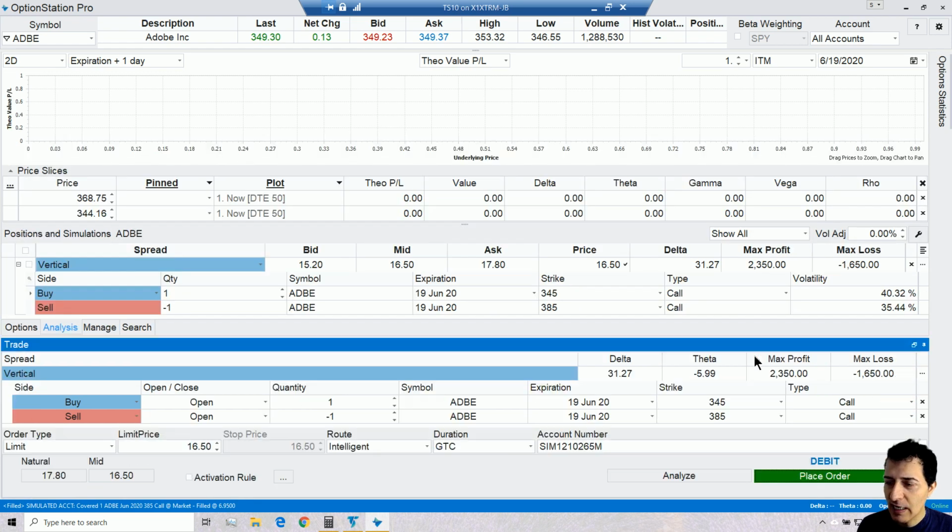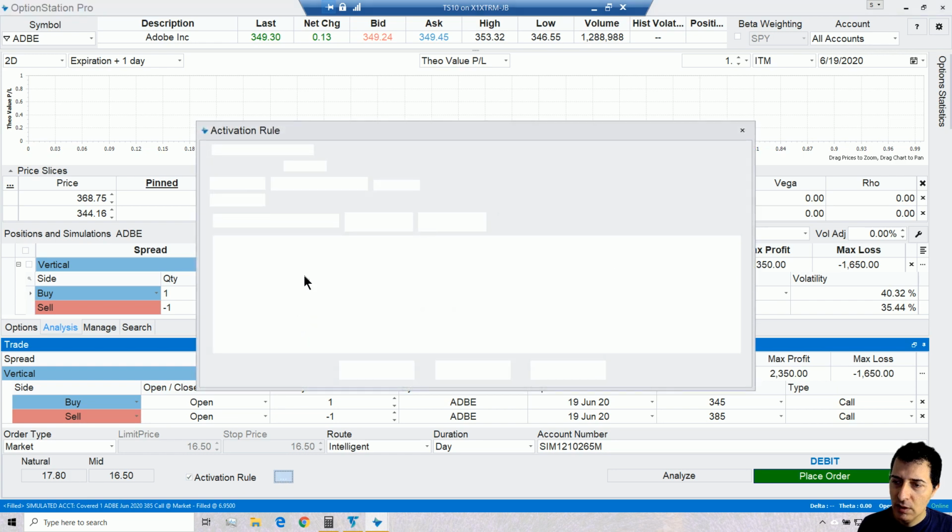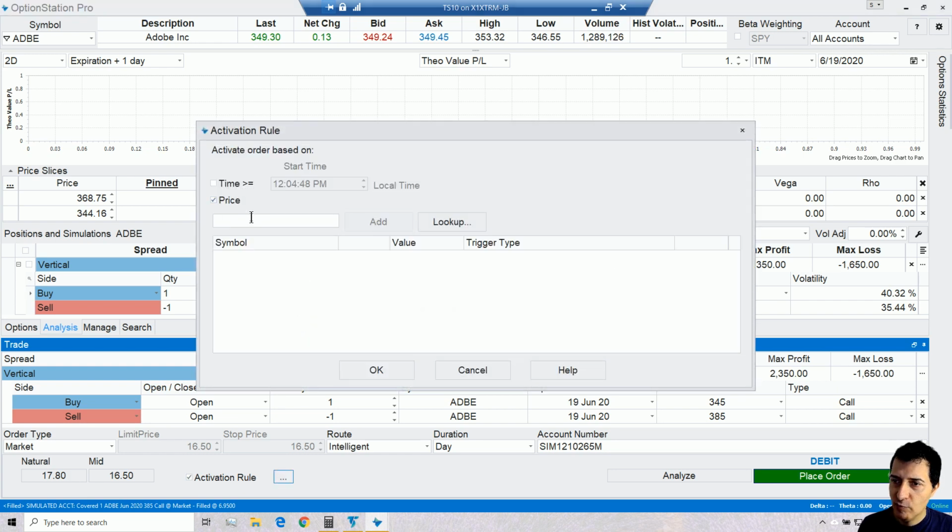So I'm going to click trade. I'll make this a day order, so if it's not filled during the day, we can reassess tomorrow. I'm going to make this market just to keep it simple, and then the activation rule would be based on the price of Adobe. If we drop to 344.16, so less than or equal to 344.16, then activate.